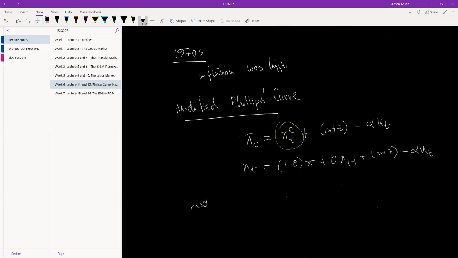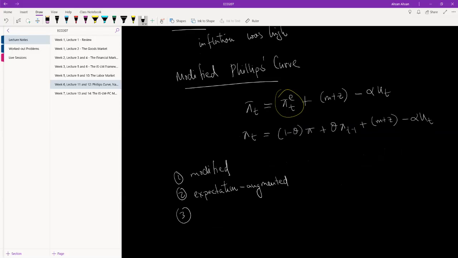This is known either as modified, or expectation augmented, or an accelerationist Phillips curve. So these are the three terms that are used. We're going to stick to calling it a modified Phillips curve because it's the easiest.